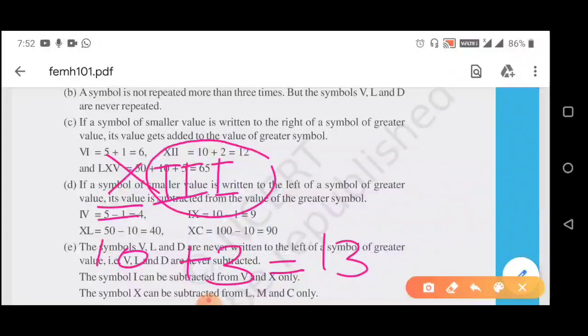Now here I can be repeated only 3 times because we can repeat a symbol only 3 times. We cannot repeat it more than 3 times. So in this way, if the symbol of the smaller value is written on the right of the symbol of the greater value, then they will be added.